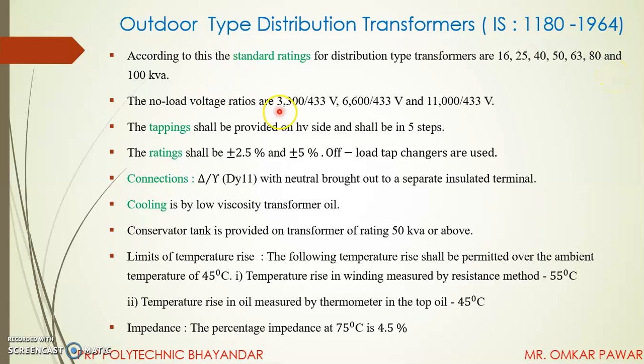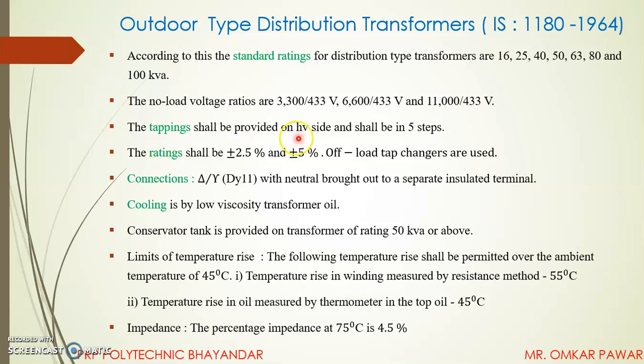The no load voltage ratio will be 3300 volts on the primary side and 433 volts on the secondary, or 6600 primary and 433 secondary voltage, or 11,000 volts on the primary side and 433 volts on the secondary side.